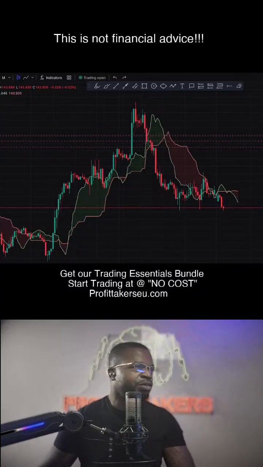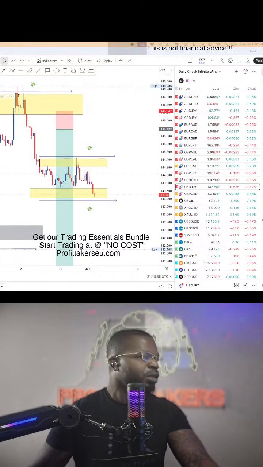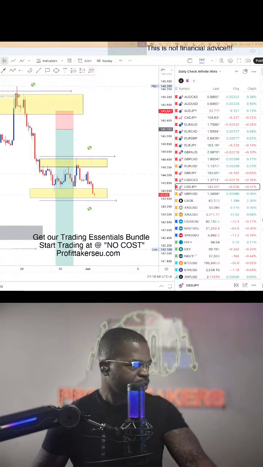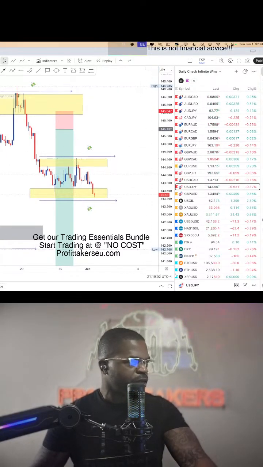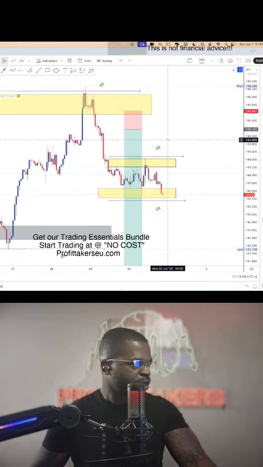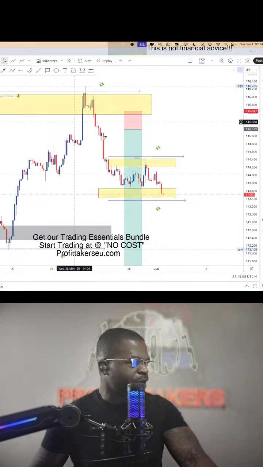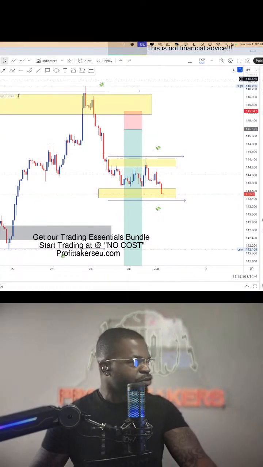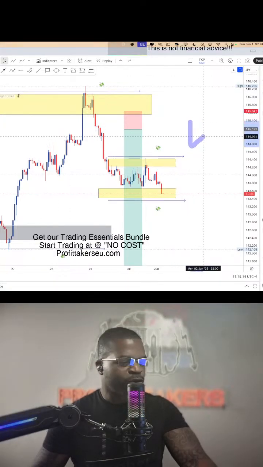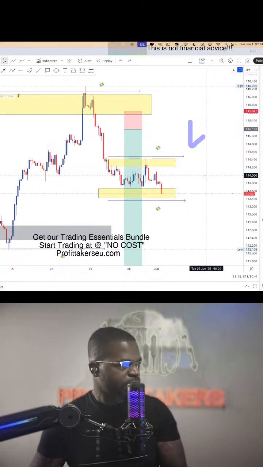Let me go back to TradingView really quick. So in TradingView, when we're looking at this pair, we have two flag patterns, which is price dropping, giving you a slight pullback before continuing the trend.